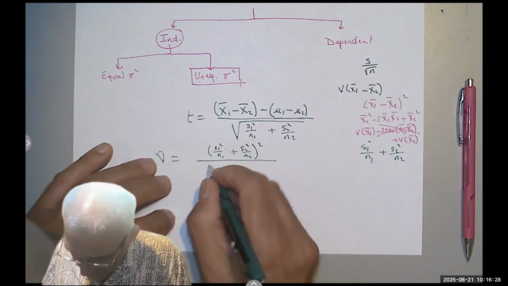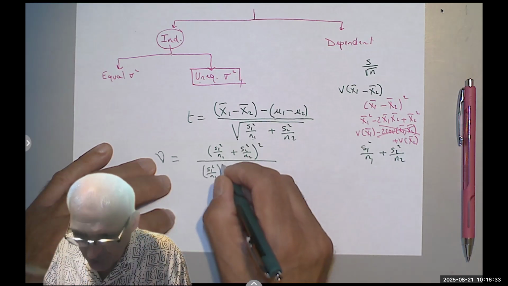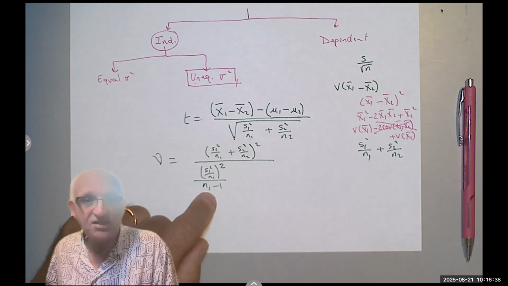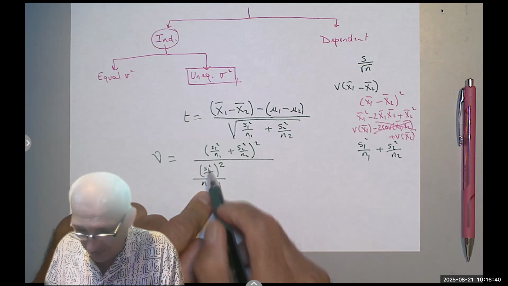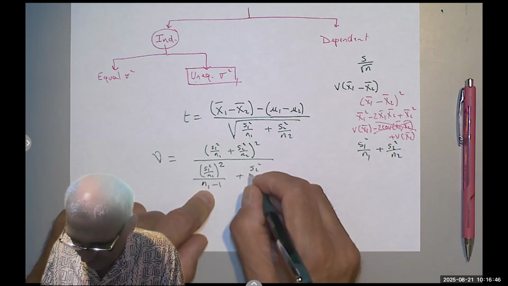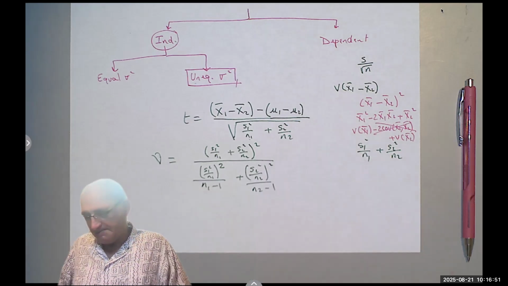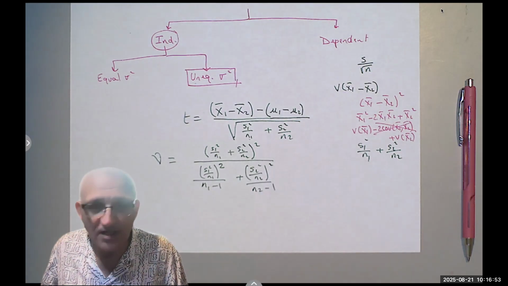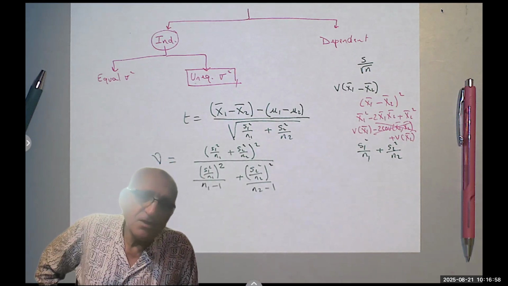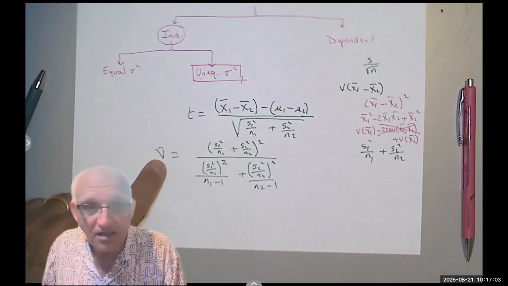You take one part, which is s1 square over n1 squared over n1 minus 1, which are the degrees of freedom of the first sample, plus s2 square over n2 quantity square over n2 minus 1. So it's very complicated to calculate manually. The calculator will do it for you in no time. Okay? So that's how we calculate the t, and mu.